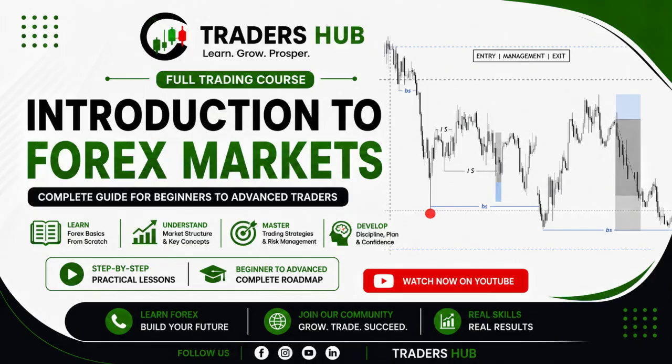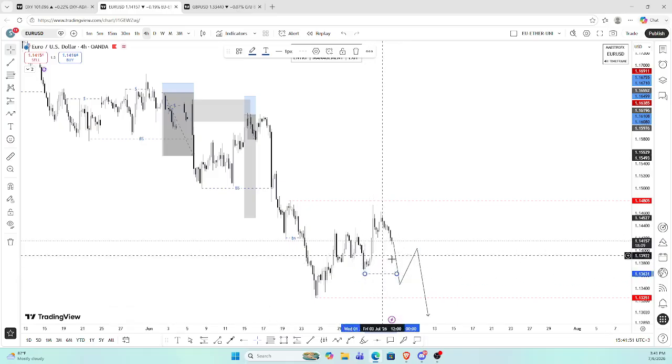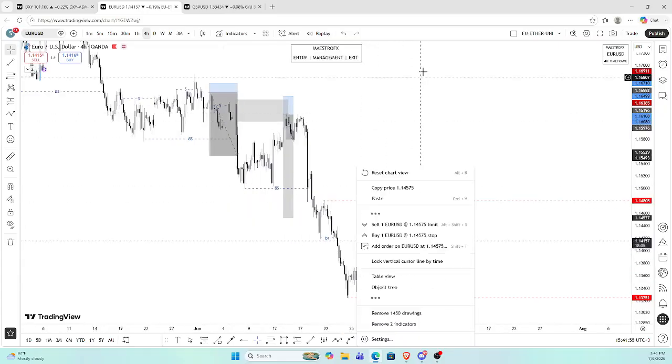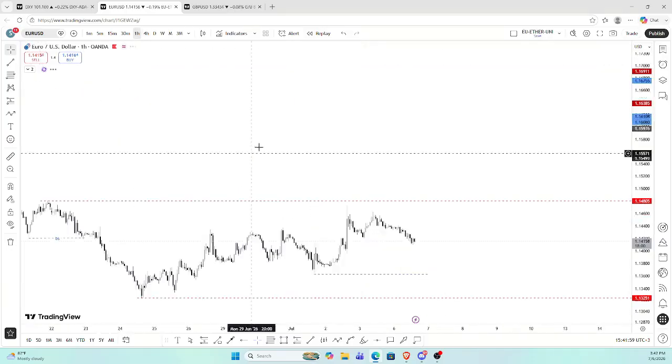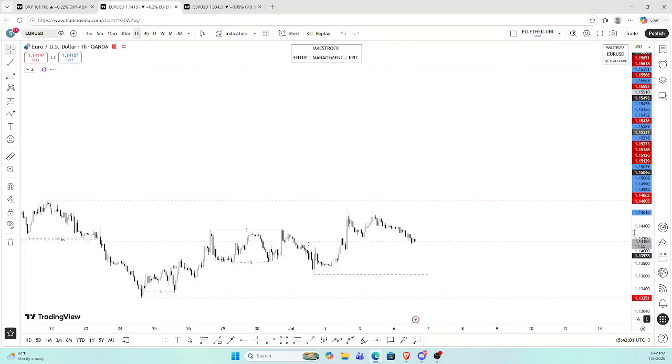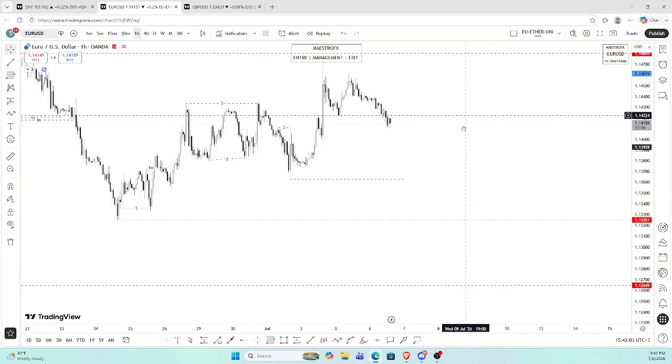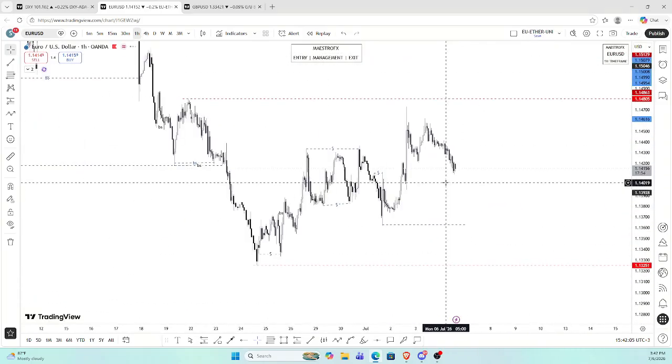But if not, this swing low can still push price higher and continue the daily time frame retracement. So let's head over to the 1-hour time frame and look exactly at what I'm talking about.